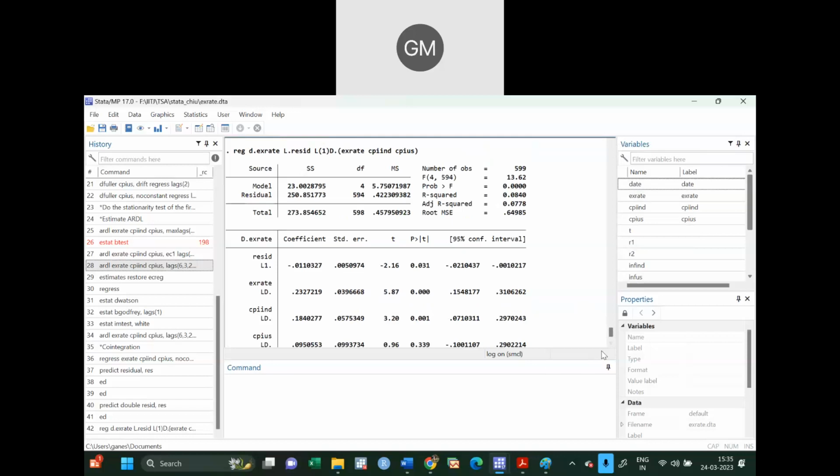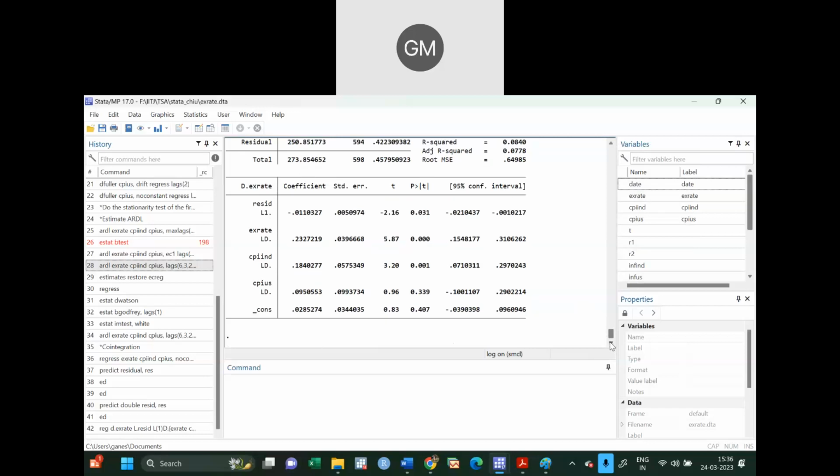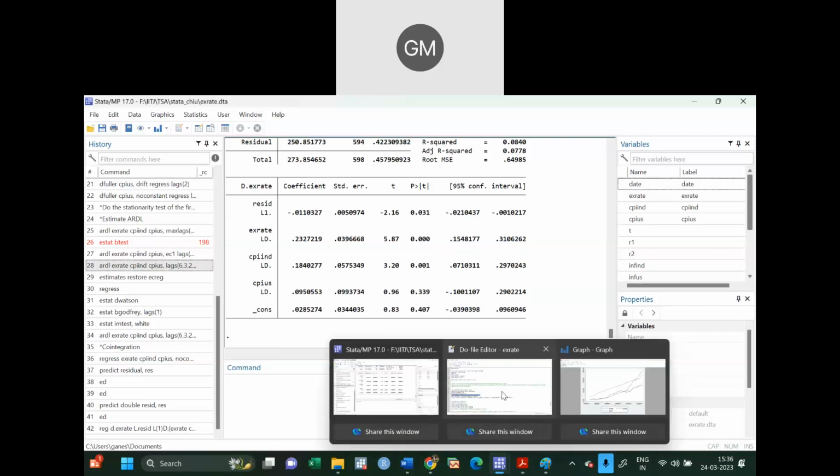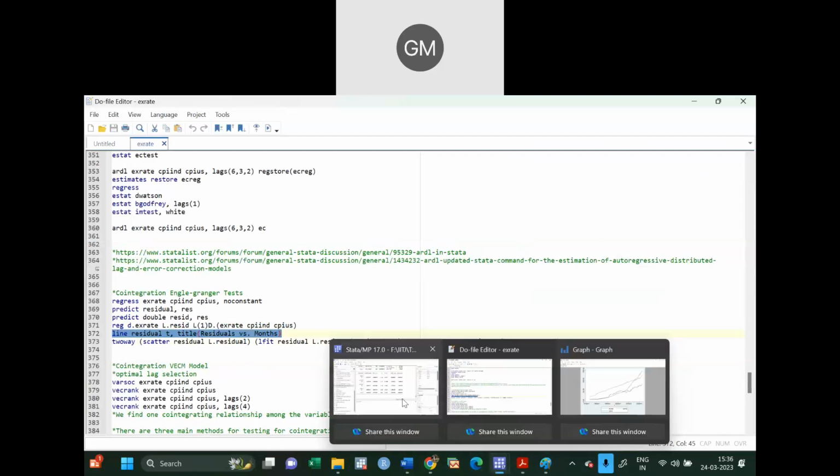Engel and Granger themselves have written a book on advanced econometrics. Some of those books you should read. To observe it visually, you can also plot the residual and check.